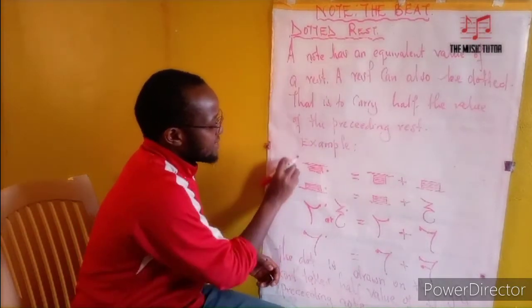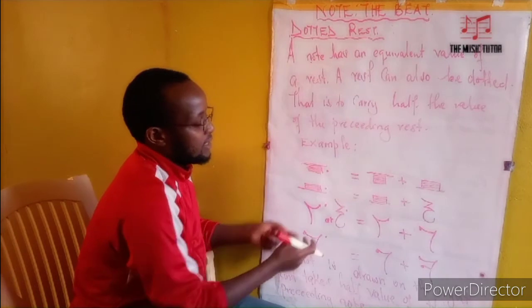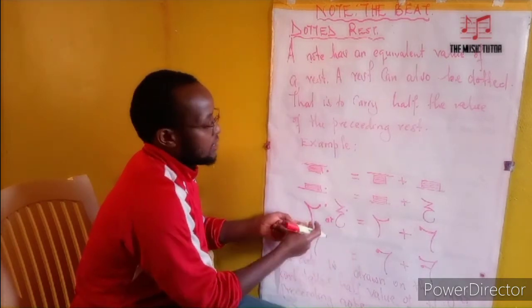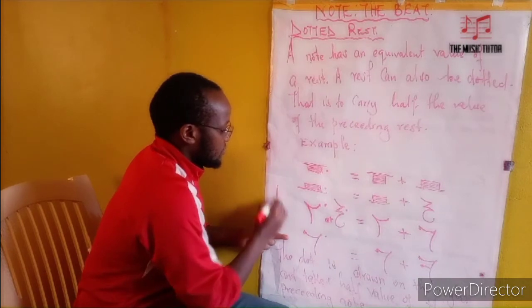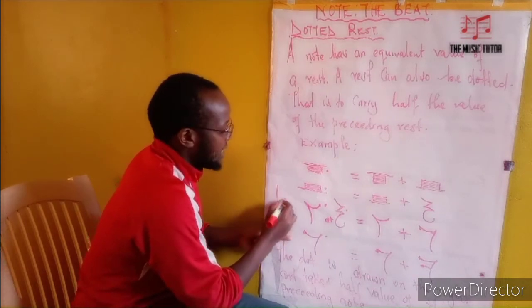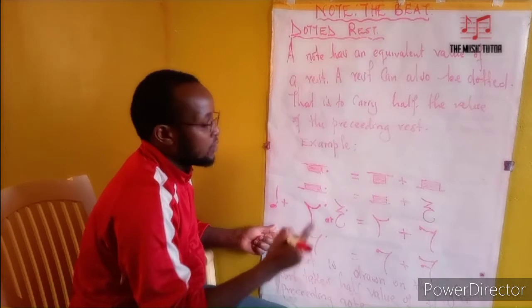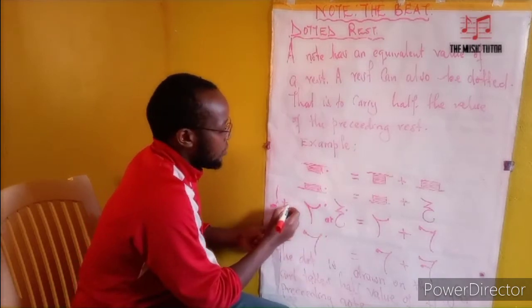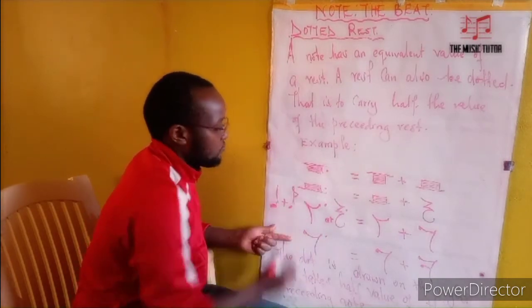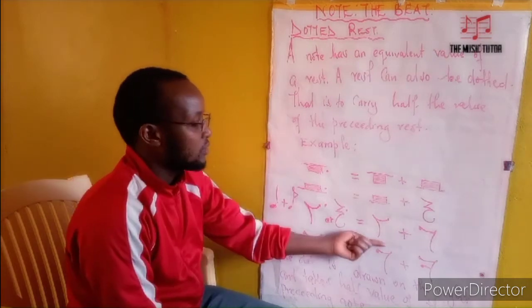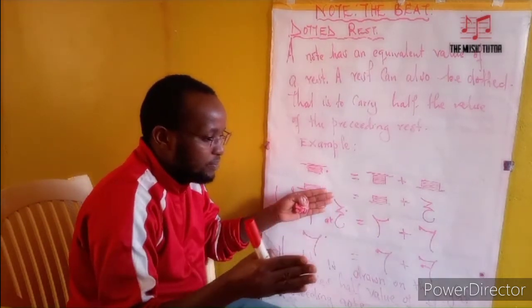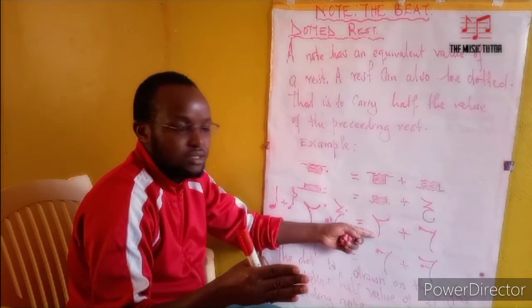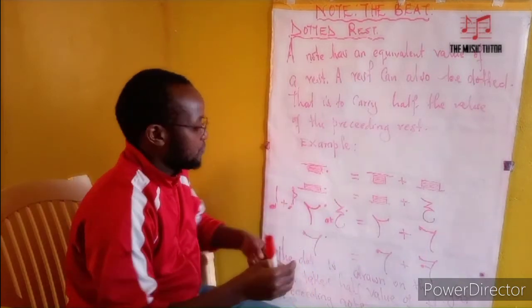The silence will be the size of a whole crotchet plus half a crotchet, which is a quaver. A whole crotchet plus the rest of a quaver. So the silence will be as long as a crotchet and a quaver.